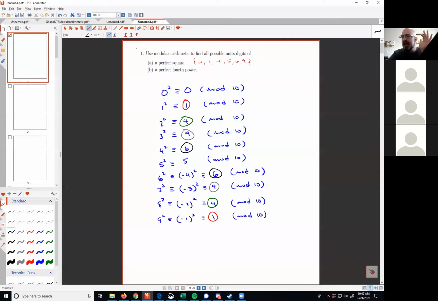I didn't necessarily have to square 0 through 9. I could square 0 through 5 and stop, because we know that squaring 6 through 9 is the same as squaring 1 through 4, just in reversed order because of those negatives. And that's a nice thing to notice, right? It means that we have to do less work in the future.